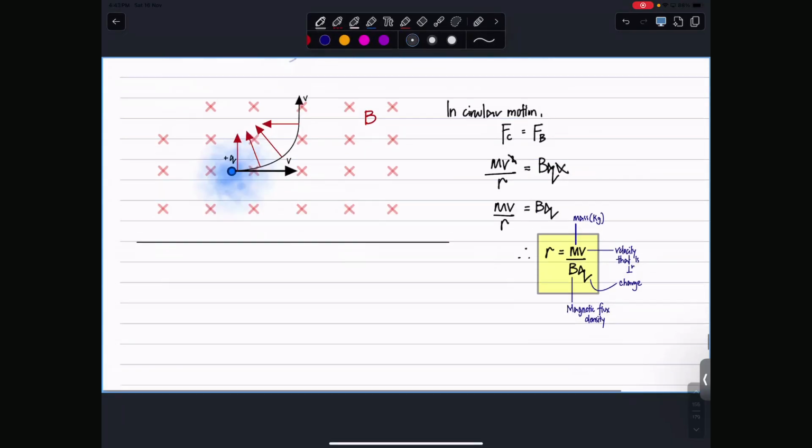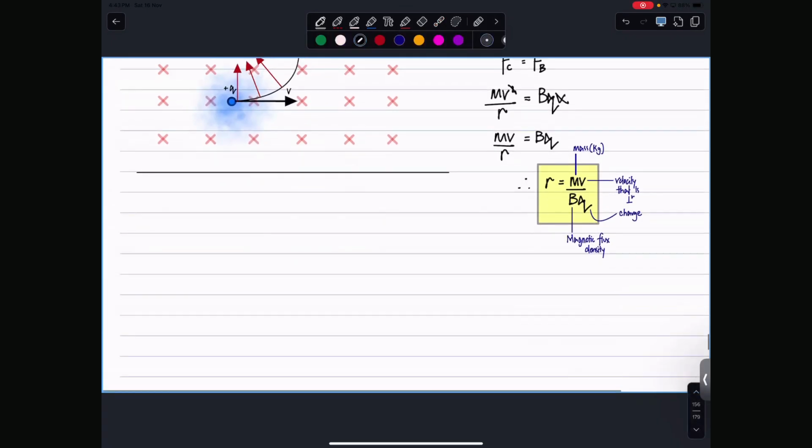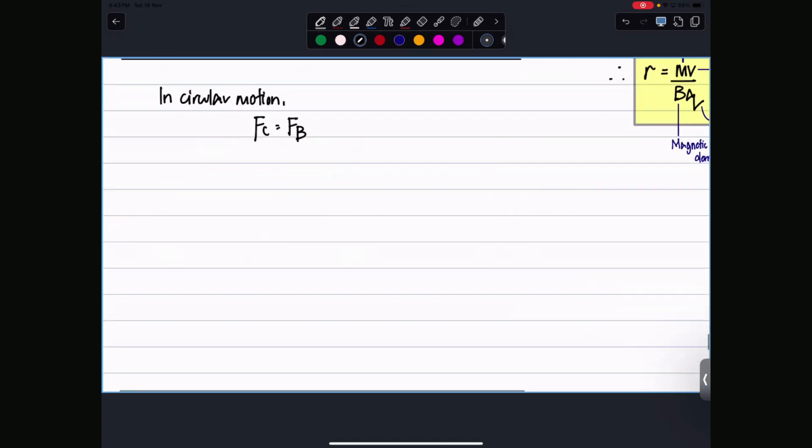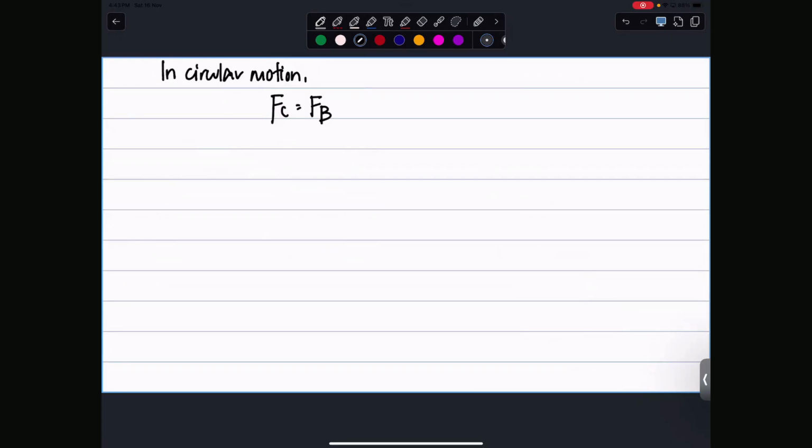Right. So what happens to the time period of your oscillation? We'll do the same thing as in circular motion: Fc equals Fb, but this time we'll use another equation of circular motion that has time in it.